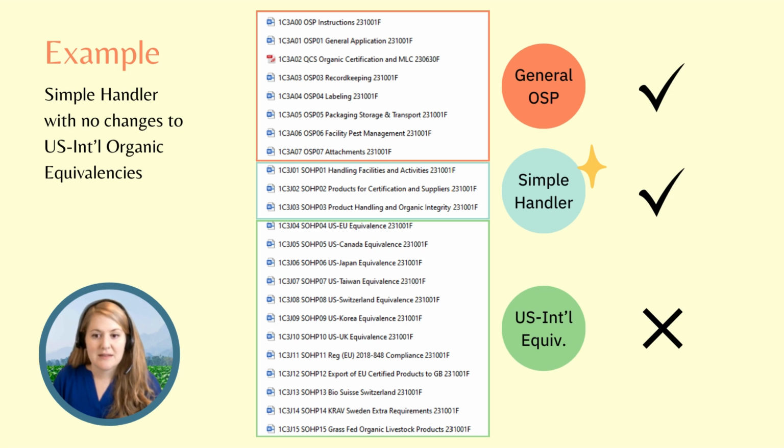We know the general OSP is required for all operations, so the simple handler would need to complete these sections. We also know the scope-specific sections are required as well, so he would need to complete these sections. And since he has no changes to the international equivalencies, he would not need to complete this section.